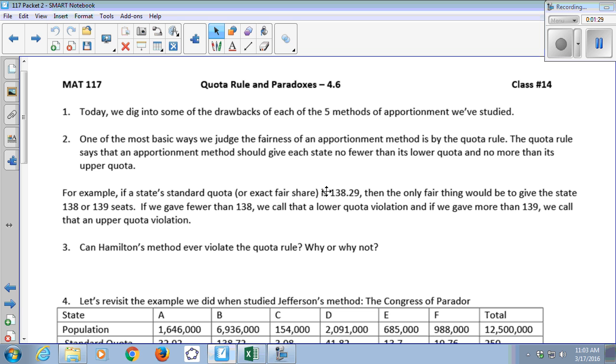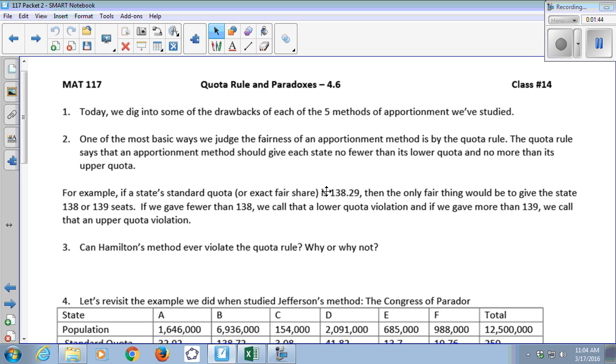Okay, so like I said, today we're going to dig into some of the drawbacks of each of the 5 methods of apportionment that we've studied. One of the most basic ways to judge the fairness of an apportionment method is by what we call the quota rule.